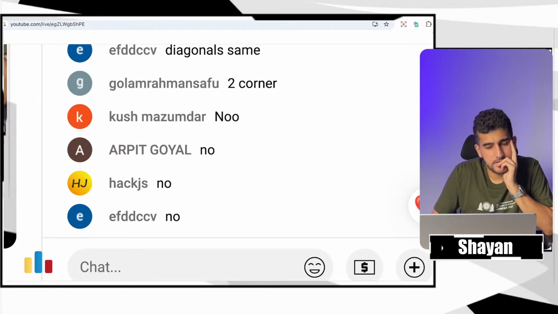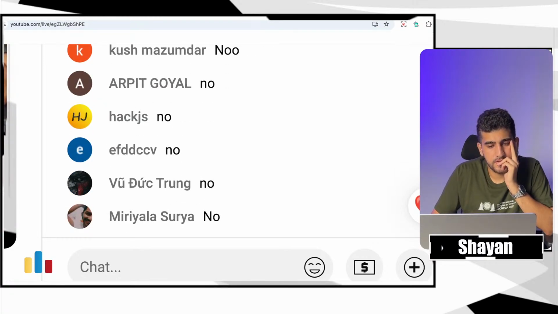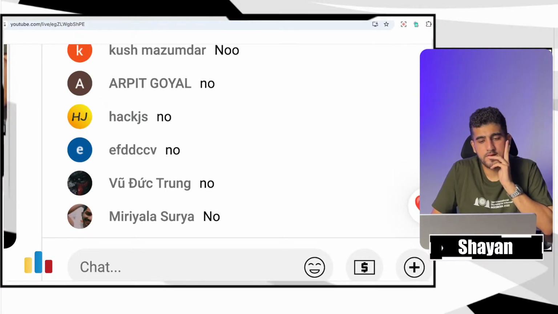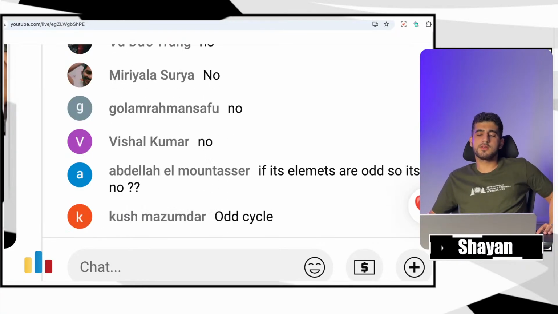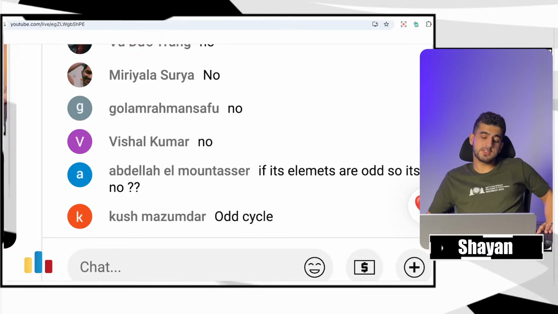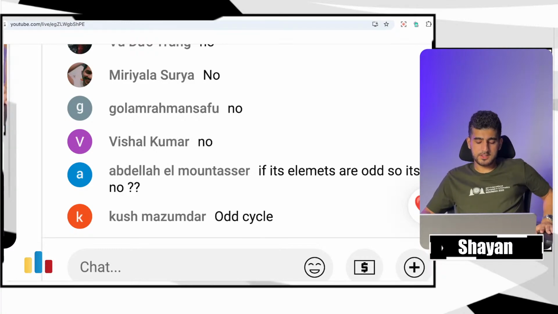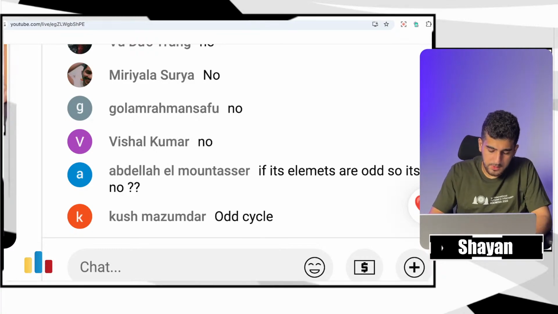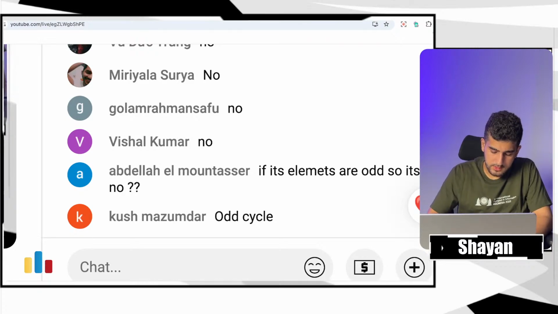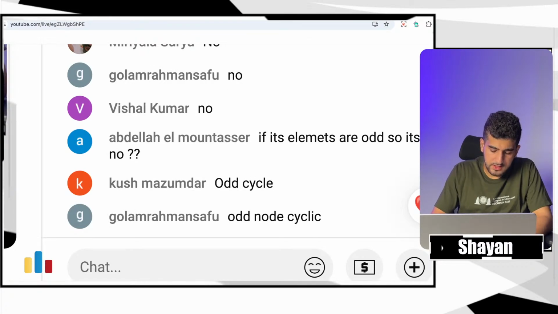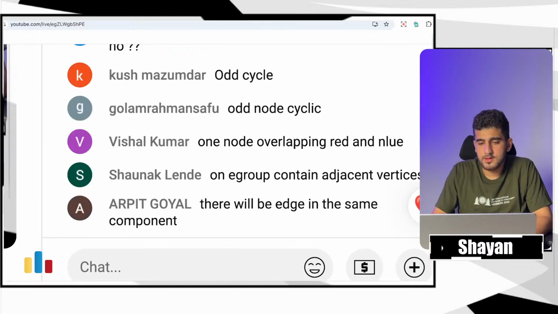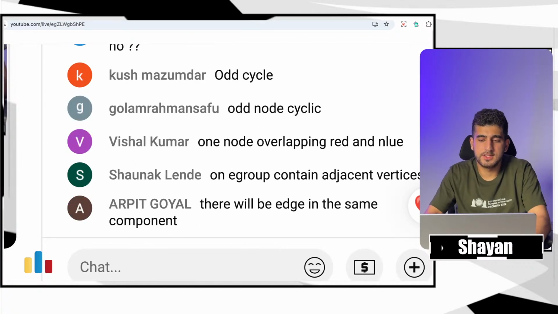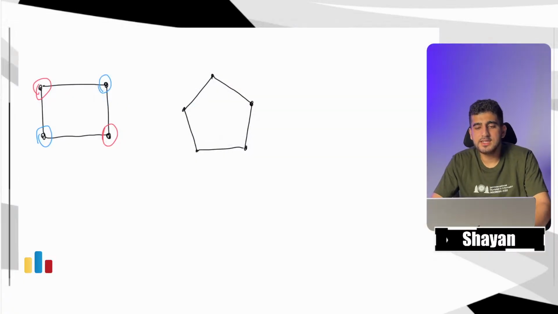Why is it not bipartite? Yes, it is an odd cycle. It's a cycle with 5 vertices. I see. So yes, exactly as you say.